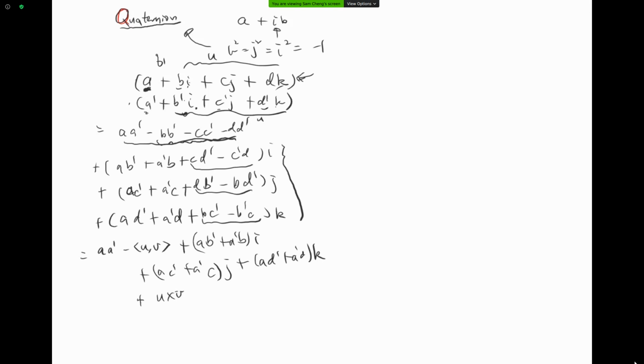What I claim is that if I only consider the unit quaternions, where the coefficients are normalized, so a squared plus b squared plus c squared plus d squared equals 1, all these quaternions will map to a point in three-dimensional space.